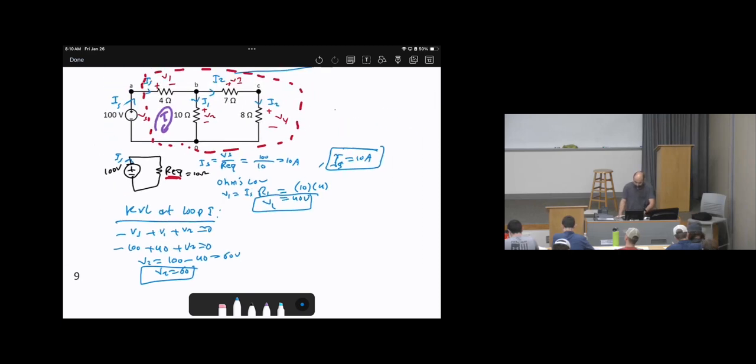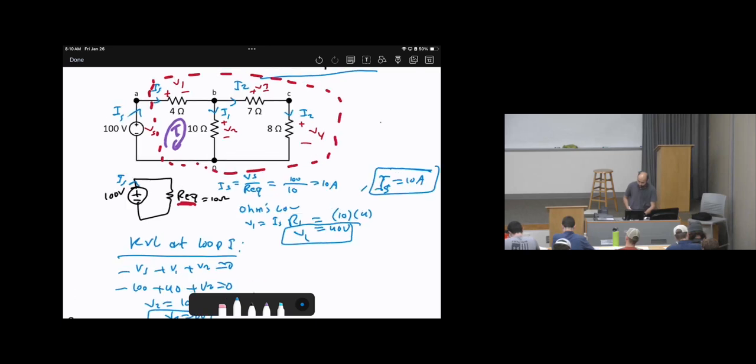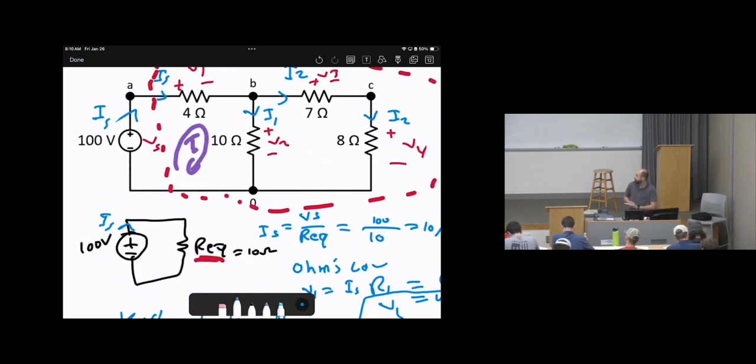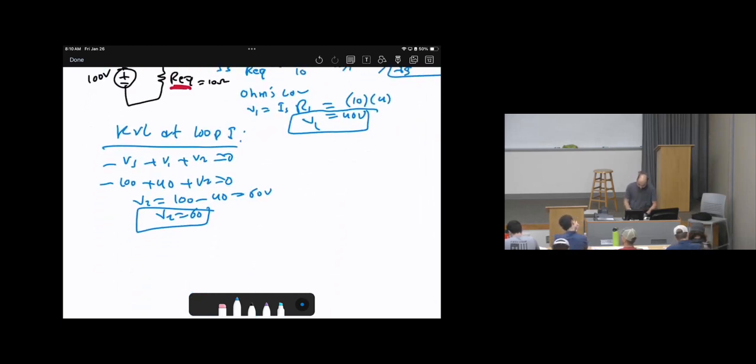Now we know V2. How to calculate I1? Ohm's law, right? So we can do Ohm's law such that V2 equals I1 times R2.